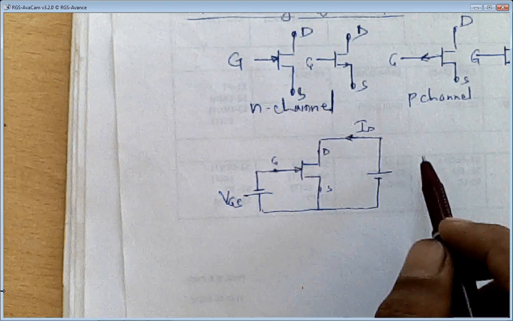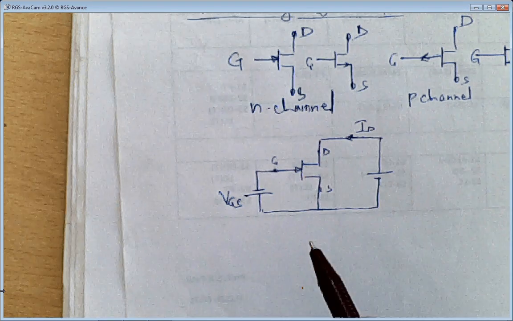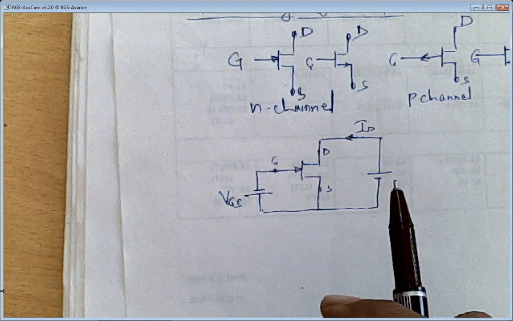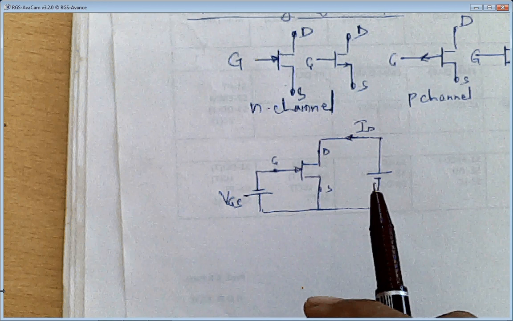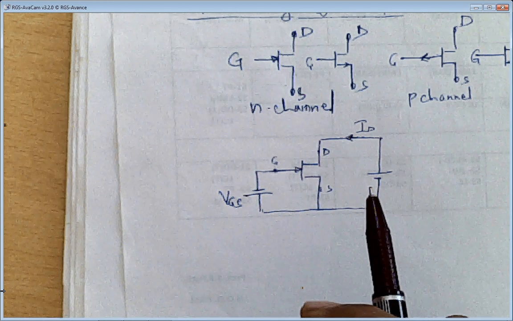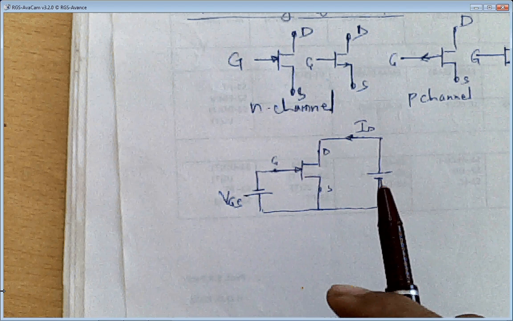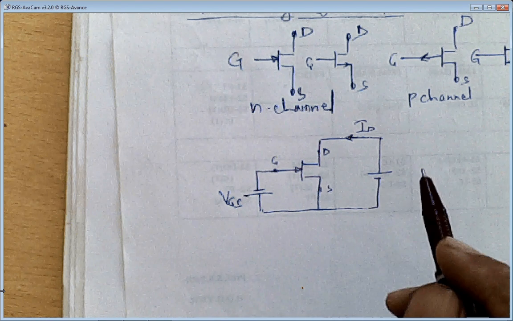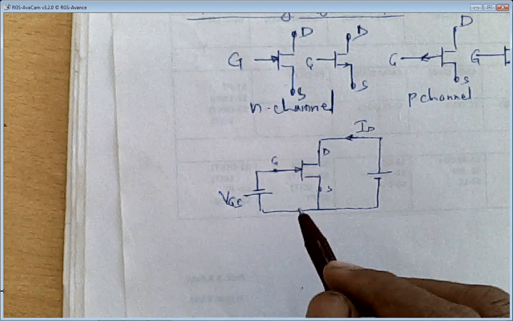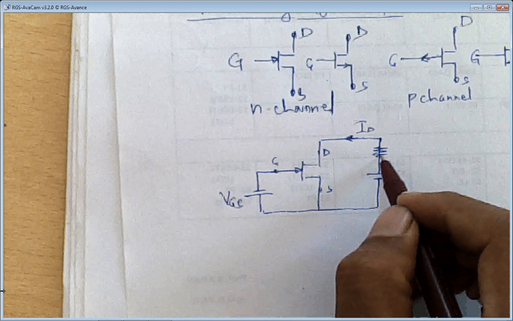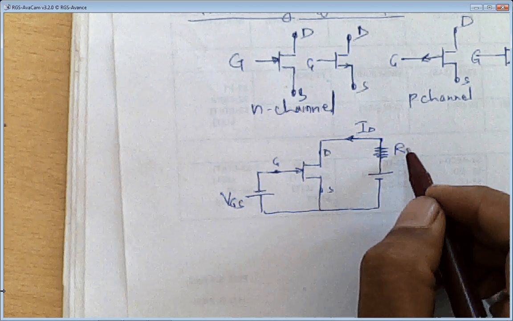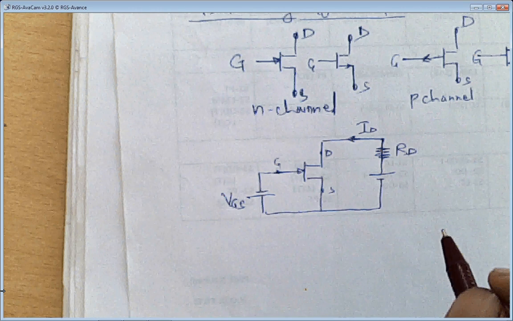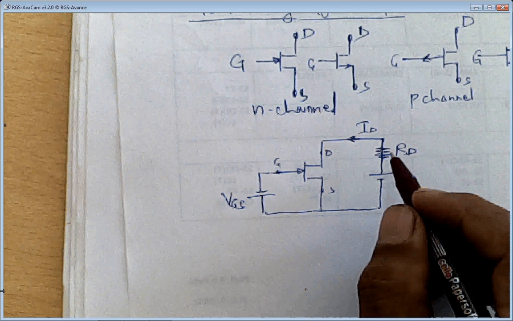What do you mean by amplifier? An amplifier means the input voltage is amplified to the output voltage. So the output you will get is an amplified version of the input voltage. To get that, we'll connect some resistance here. I'll call this resistance RD because it is connected to the drain terminal. The current flowing in RD is ID.